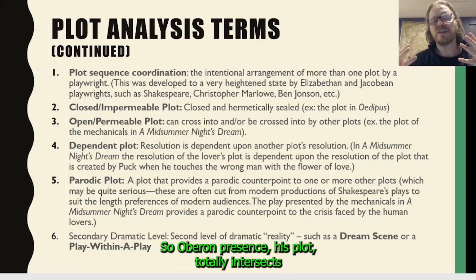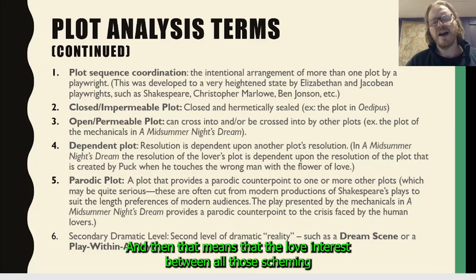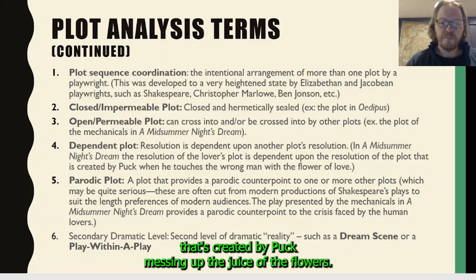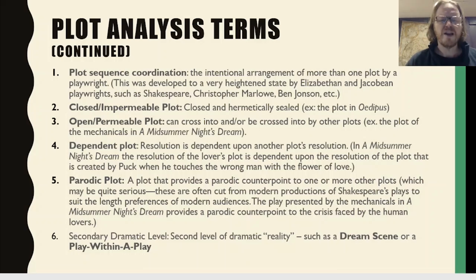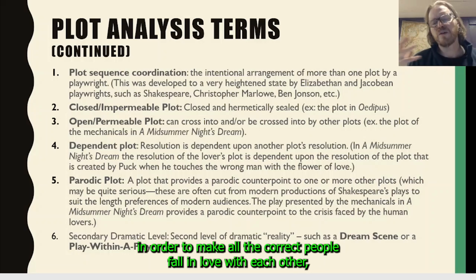So Oberon's presence, his plot, totally intersects with the plot of the humans that are in the forest. And that means that the love interest between all those human characters is dependent on this new plot that's created by Puck messing up the juice of the flowers. He then has to undo the spell or put the spell on the right people in order to make all the correct people fall in love with each other.